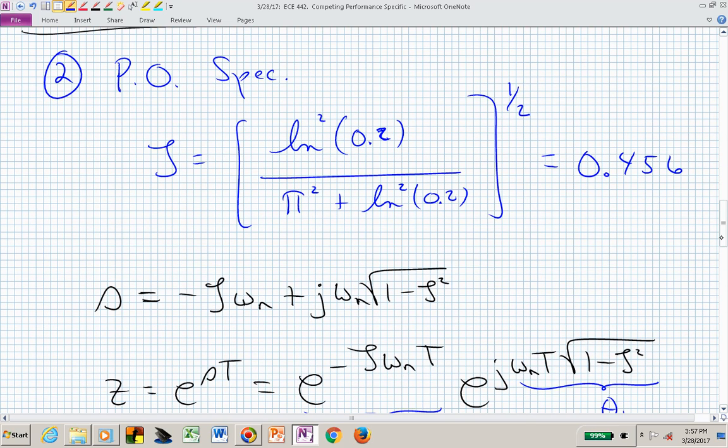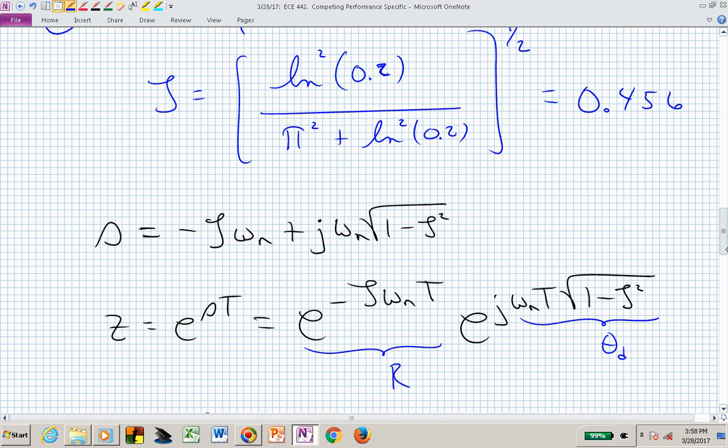We have s in the parameterized form for a complex pole pair as minus zeta omega sub n, where omega sub n is the natural frequency, the distance away from the origin. Zeta is our damping ratio, and omega sub d is the imaginary component of s, where omega sub d, the damped frequency, is omega sub n times the square root of 1 minus zeta squared.